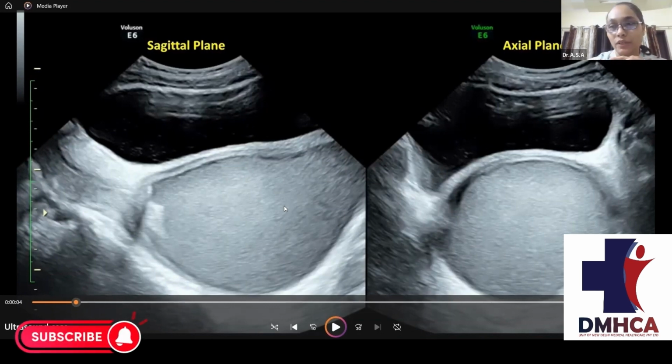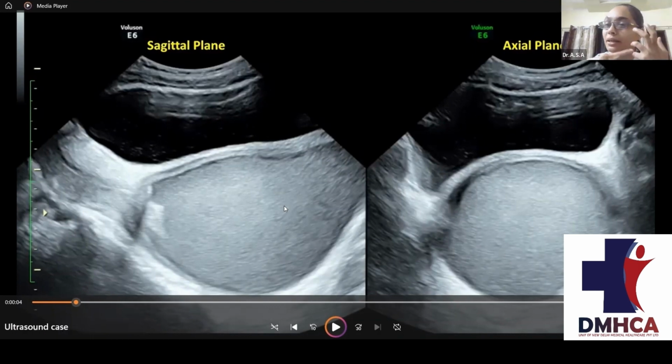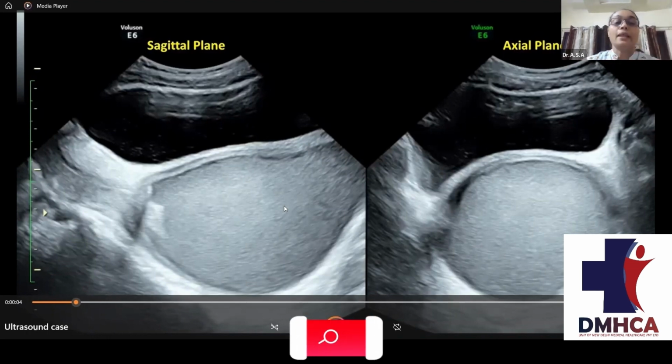It is updated because of legal procedures. So you have to be very careful whether you are looking at a married or unmarried female, and whether her suspected age corresponds to your ultrasound findings. You have to be very clear about it.